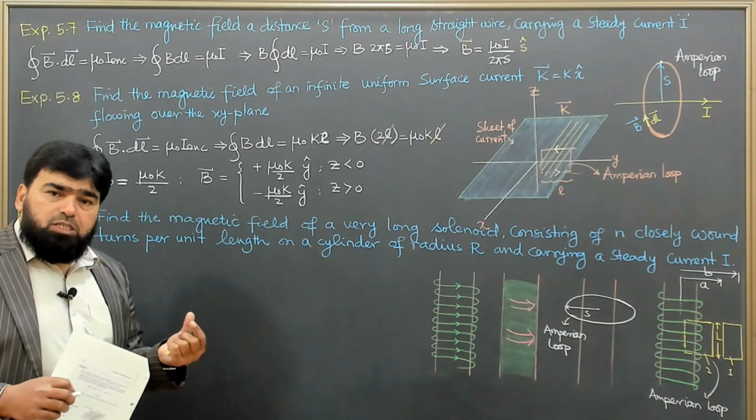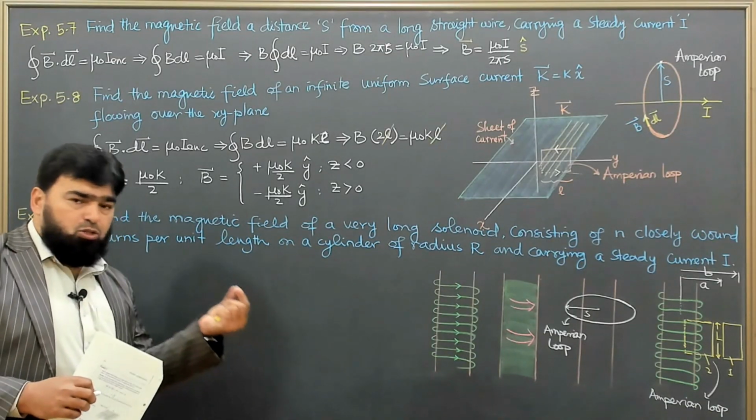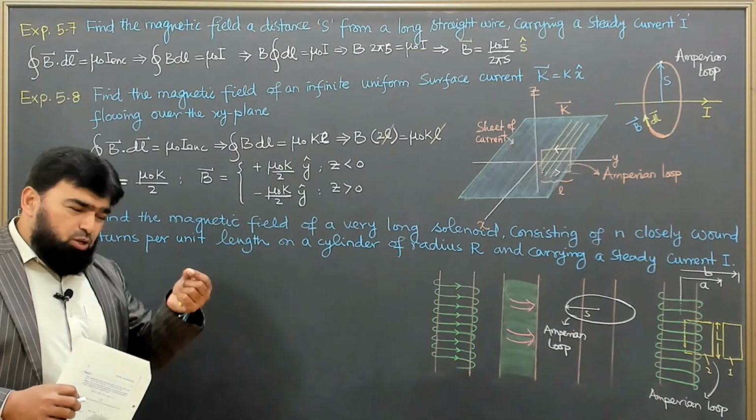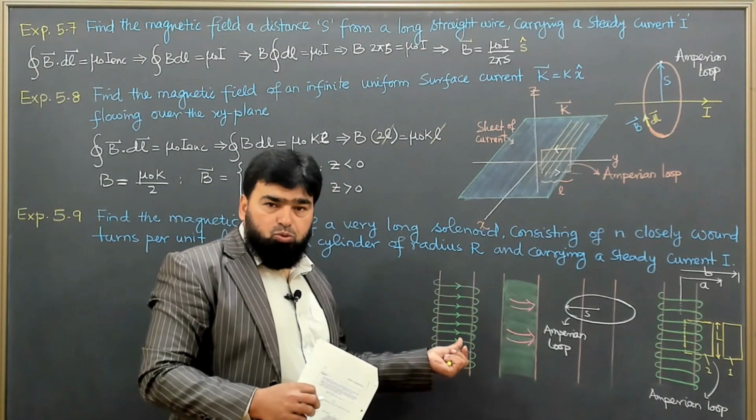When we consider complete circles, but the circles are also joining each other, there will be some component of current which is going along the axis.